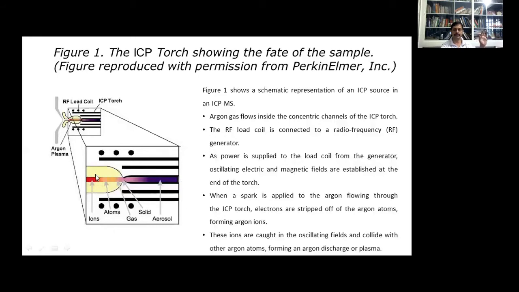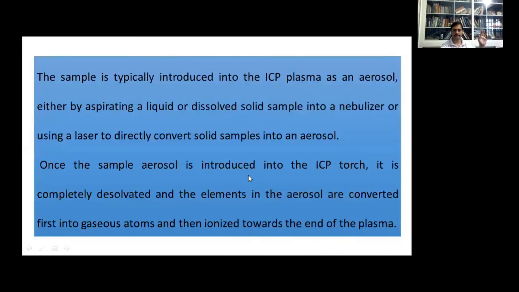On the other end, we have plasma. Once the fine droplets of the sample are introduced into the ICP torch, they are completely dissolved, and the elements in the aerosol are converted first into gaseous form, and then these atoms are ionized when they reach the other end where there is plasma.